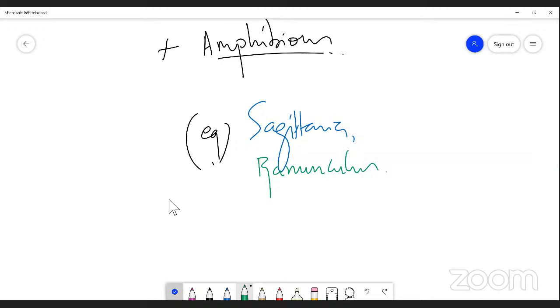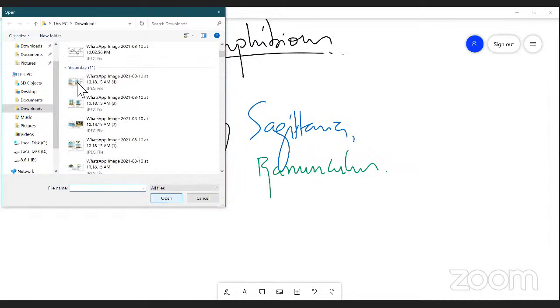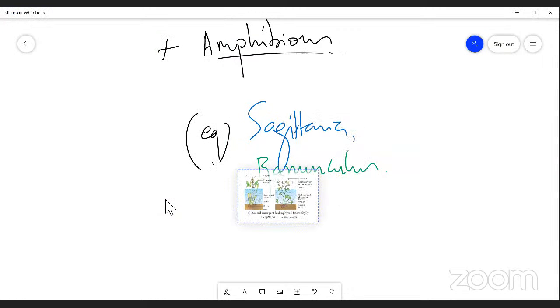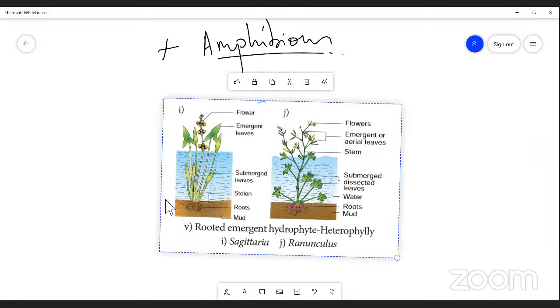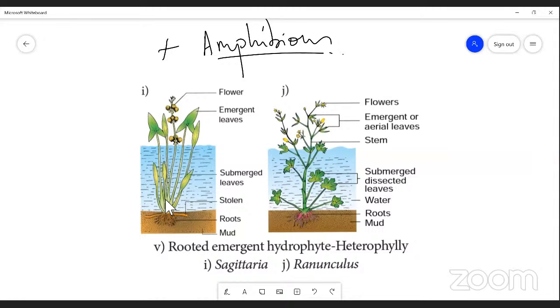These are all examples of amphibious plants, because they show the heterophyllous condition. Two types of leaves are present. My dear students, I have given two examples, Sagittaria and Ranunculus. In the first case, Sagittaria, the submerged leaves are floating and the root is fixed, and in addition, leaves emerge out of the water body.